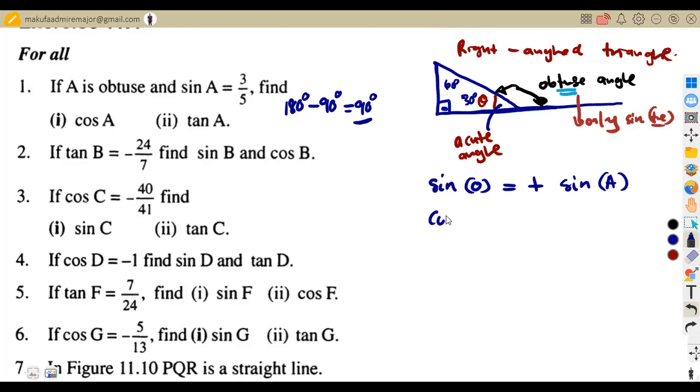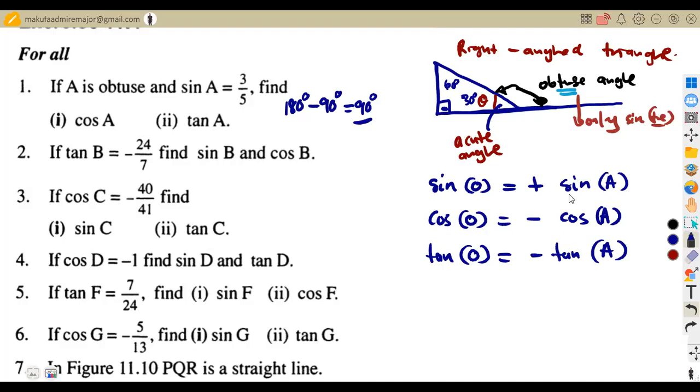The cosine of the obtuse angle is going to be negative cos of the acute angle inside the triangle. The same with the tan of the obtuse angle: it is going to be equal to minus tan of the acute angle. Remember our relationship. This part does not change.